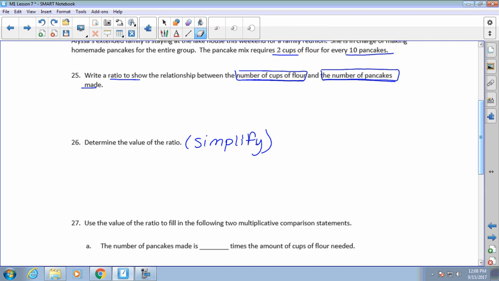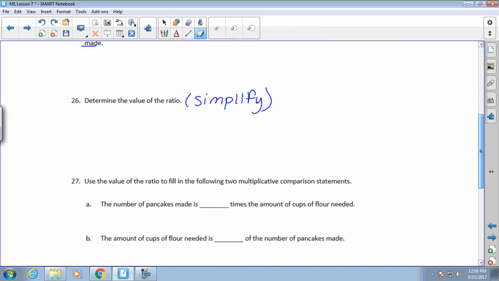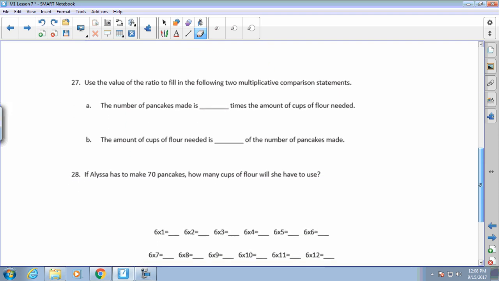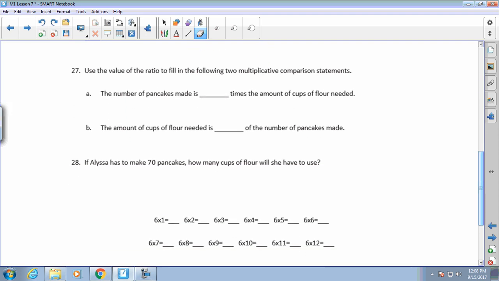Down here on number 27, it says use the value of the ratio to fill in the following two multiplicative comparison statements. So you're just using that simplified value to tell you what fraction it would be. So the number of pancakes made is blank times the amount of flour needed.